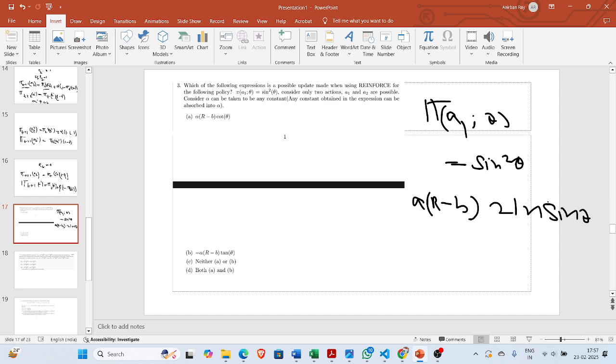Now taking the derivative with respect to theta, sin theta comes below and this becomes cos theta.